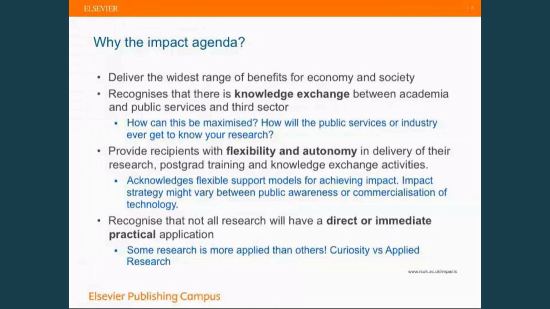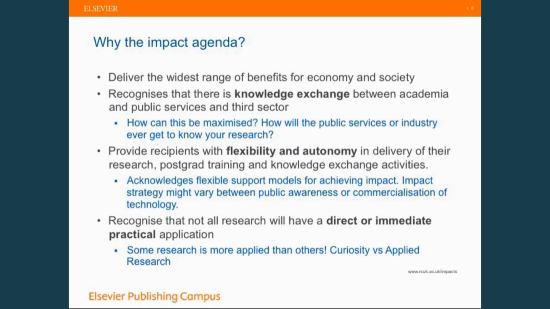How will the public services or industry ever get to know about your research if you don't disseminate it and communicate it in a good way? Then again, are you going to be disseminating and communicating your research to the right audience? And again, this depends on who you want to have an impact on: politicians, the industry, the public. So if you think of that in advance, you can set about an agenda to maximize that impact.